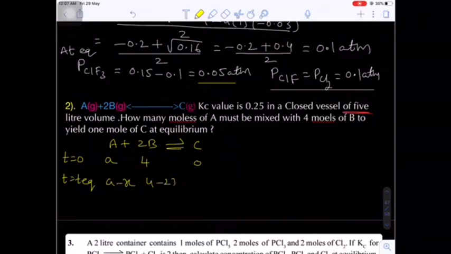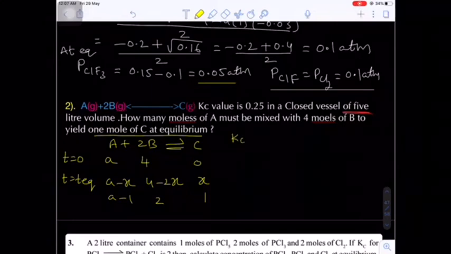Out of the 4 moles, 2x moles of B also decompose because of the 1:2 ratio. Now x moles of C will be formed. In the question, the number of moles of C is given indirectly at the end of the statement, 1 mole, so x is 1. When x is 1, 4 minus 2x becomes 2, and A minus x means A minus 1. Are you getting my point?